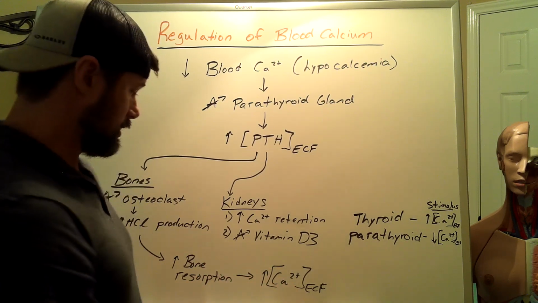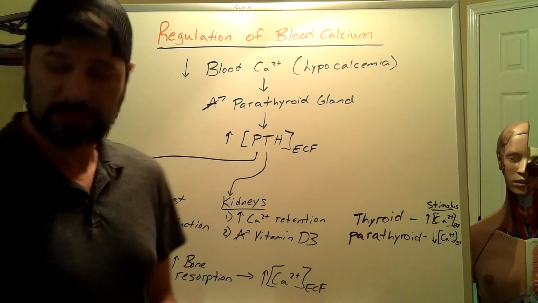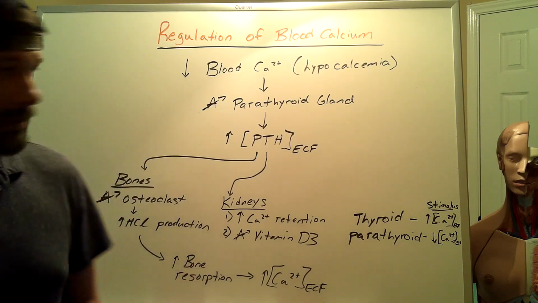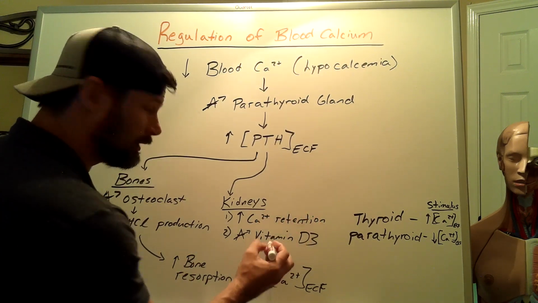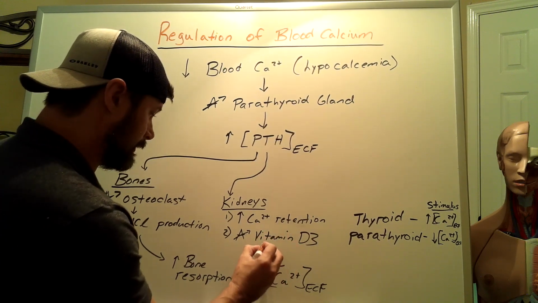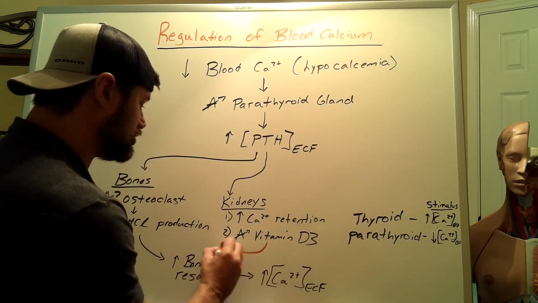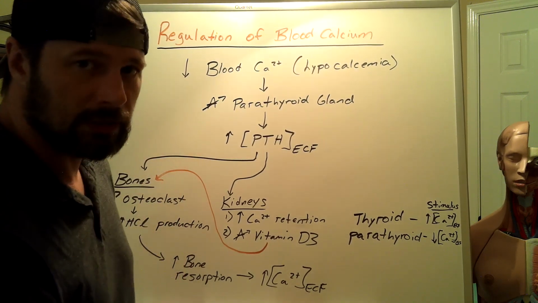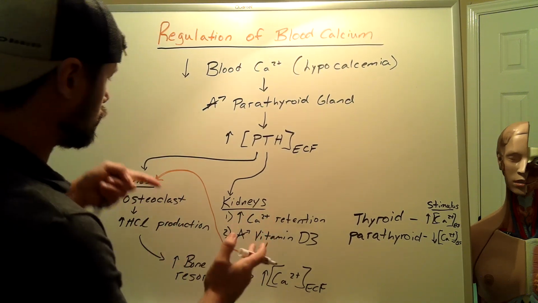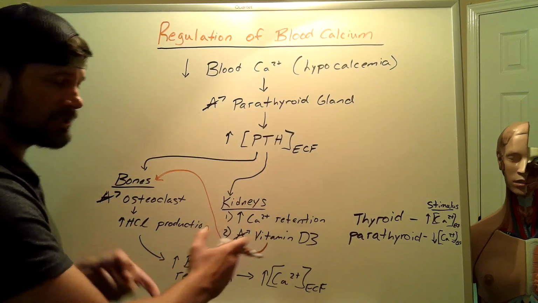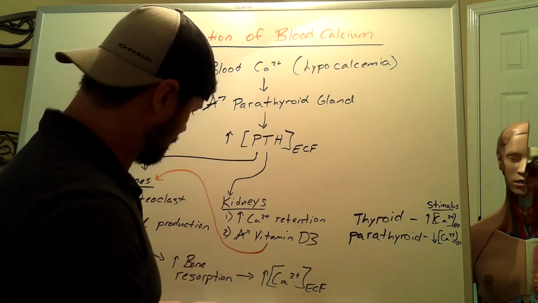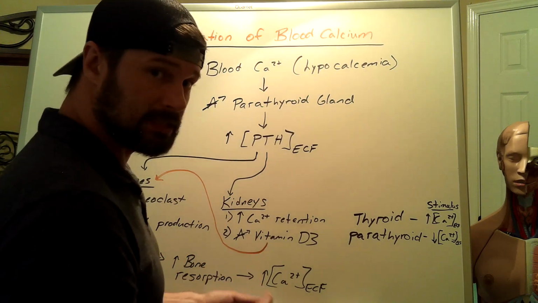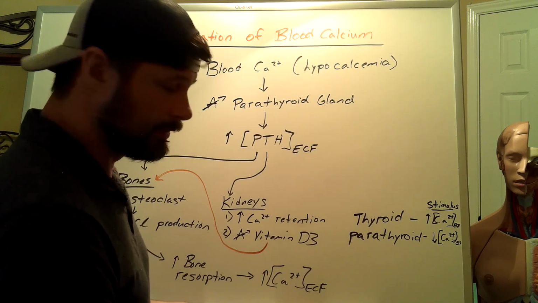How can it do that? Well, it turns out that vitamin D3 acts on the bones. Okay? And it works in a synergistic mechanism on bones to activate osteoclasts. So the two of these together, both PTH and vitamin D3, really has a huge impact on our bones.